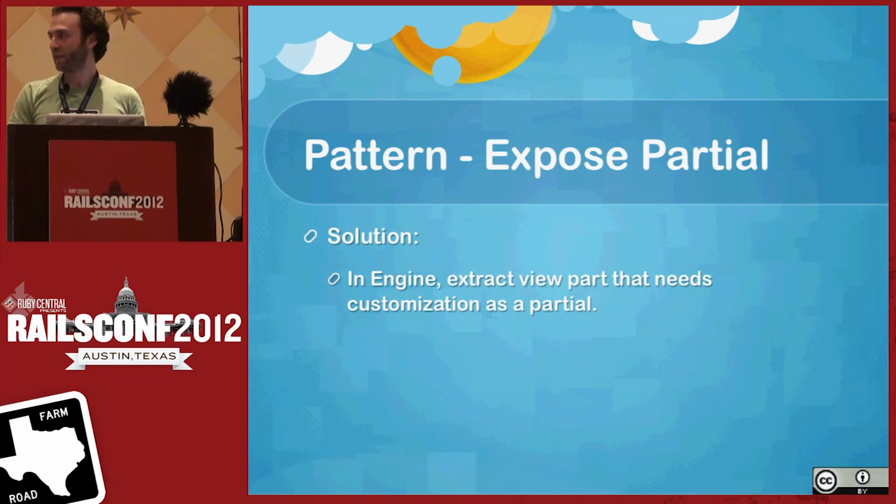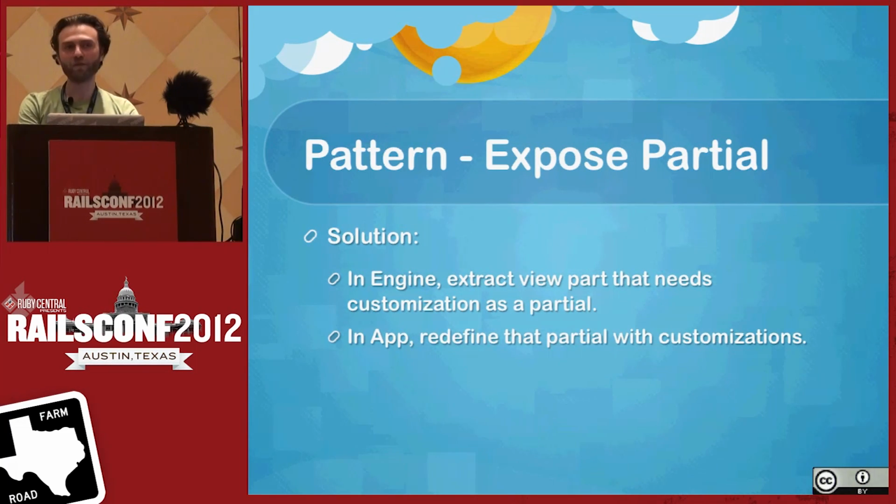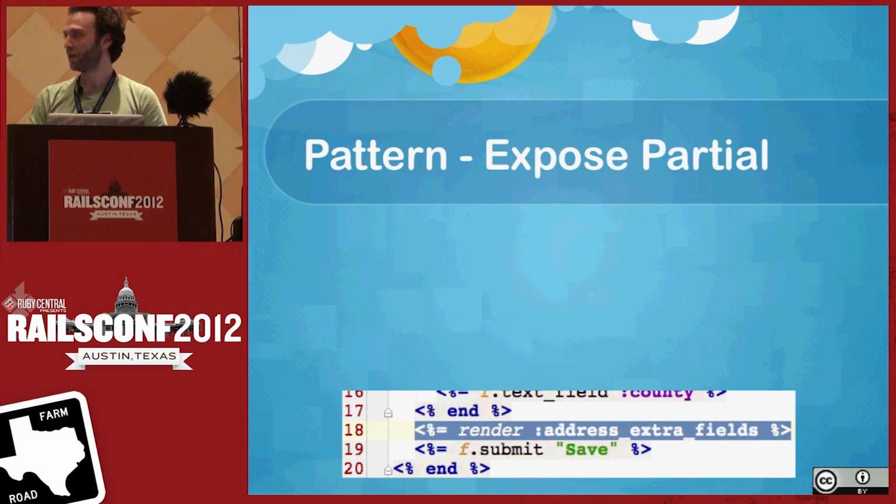So the solution: in the engine, extract the view part that needs customization as a partial. Then in the app, redefine the partial only with the customization. That way you've improved one level. Instead of redefining the complete view, you only redefine a part of it in the app. That's another way of solving the problem of redundancy when it arises. This way is helpful when there's not much logic involved.